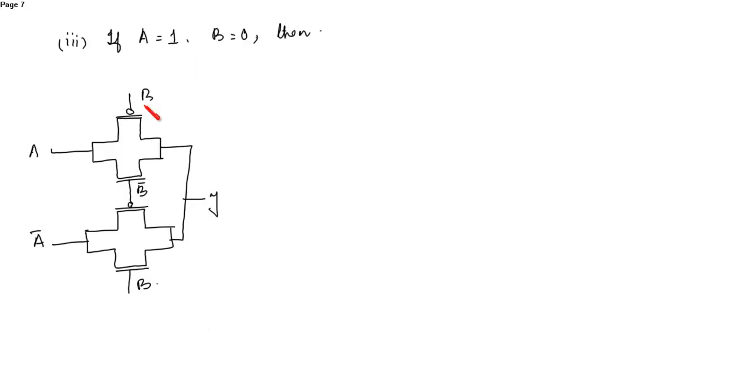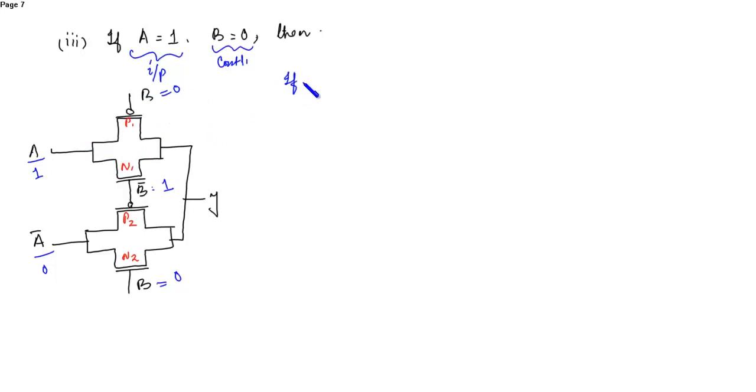Okay, this is P1, N1, P2, this is N2. So as we know that A is nothing but the input and B is the control signal. So here A is 1, so A bar will be 0. Here B is 0, then B bar will be equal to 1.